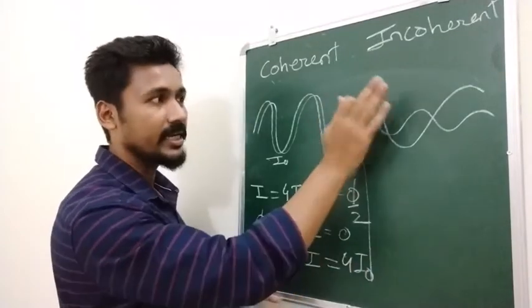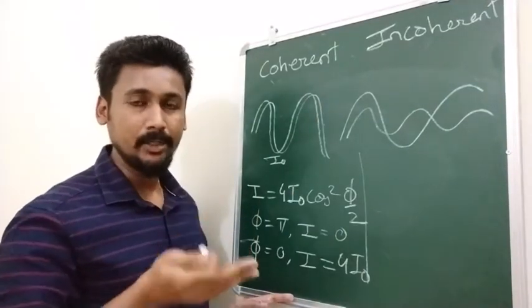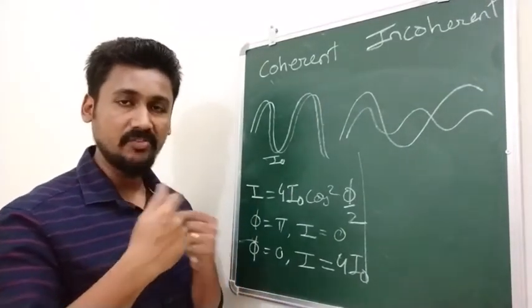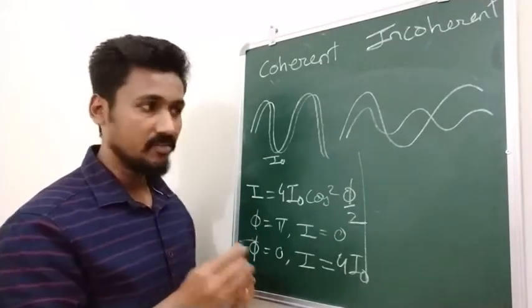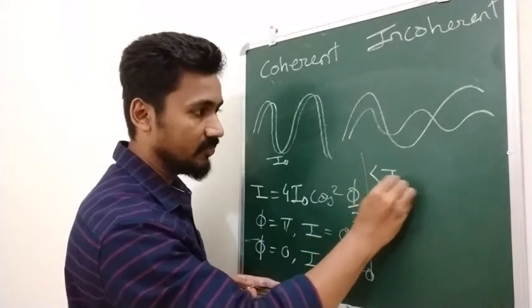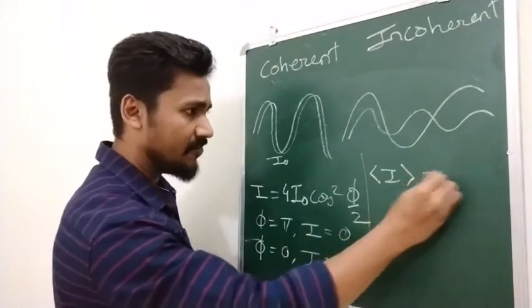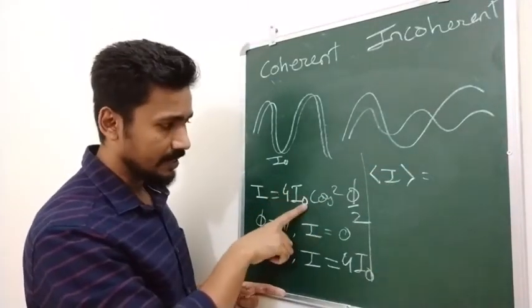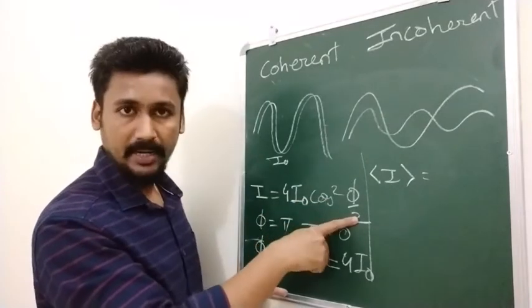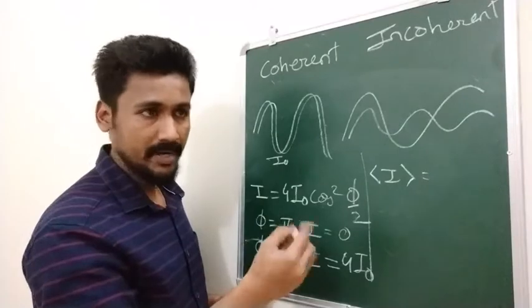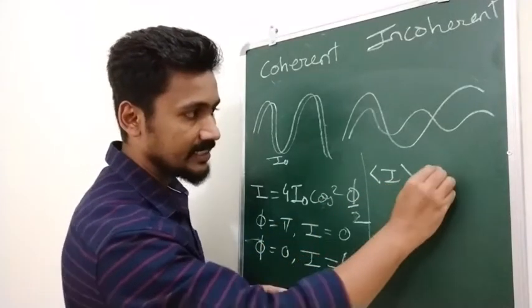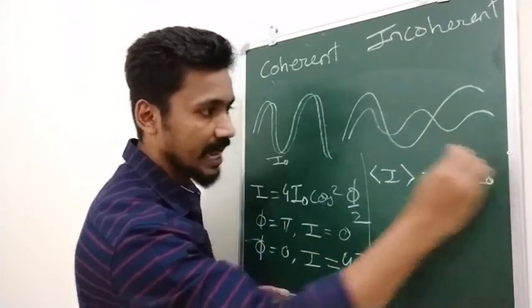Now what happens for incoherent sources? Because the phase difference keeps on changing, we cannot find one value of I, so we have to find the average value of I. That average will be 4 times I naught times the average of cos square of phi by 2, and the average of cos square of phi by 2 is equal to 1 by 2. So you get a resultant intensity of 2 times I naught.